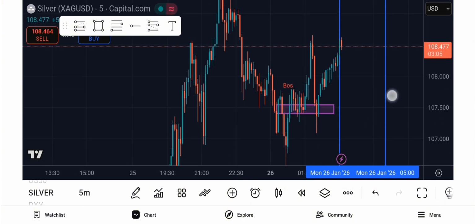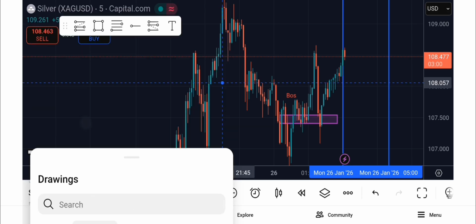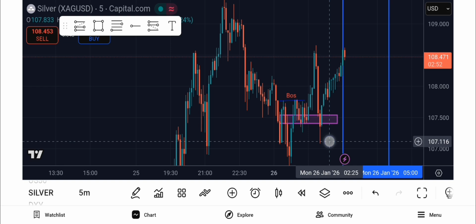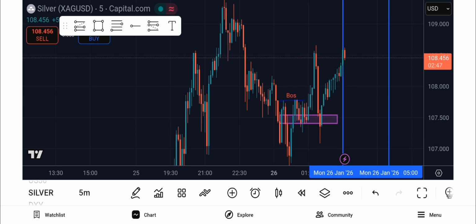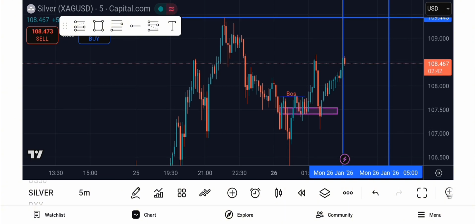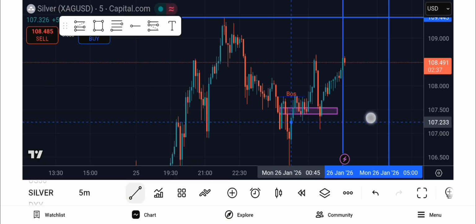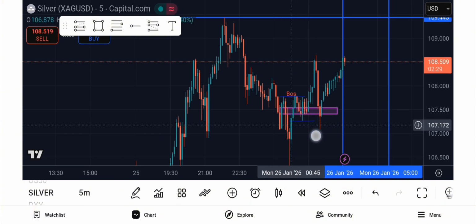So it made a break of structure right here. This was the original high. It broke it, came back down, made equal lows here. Made equal lows here. Underneath it is a fair value gap.